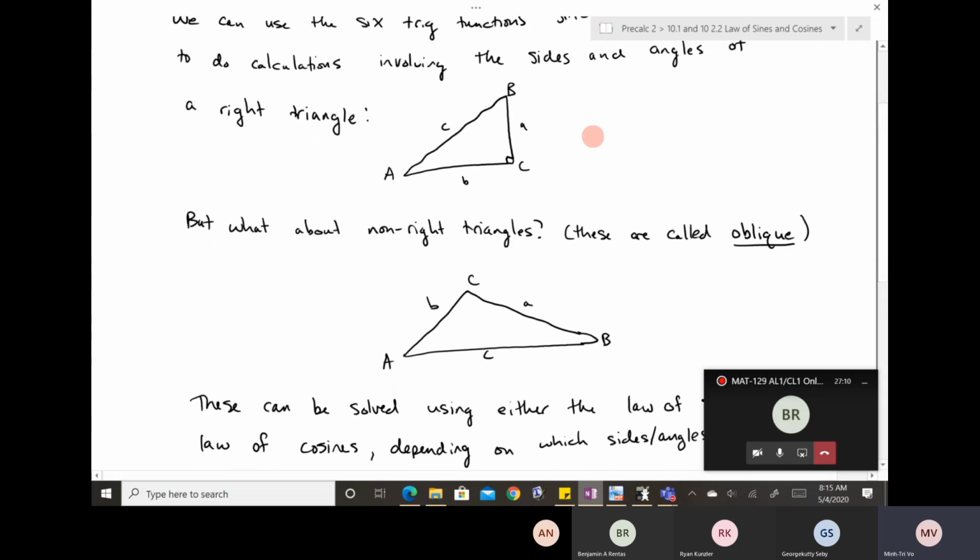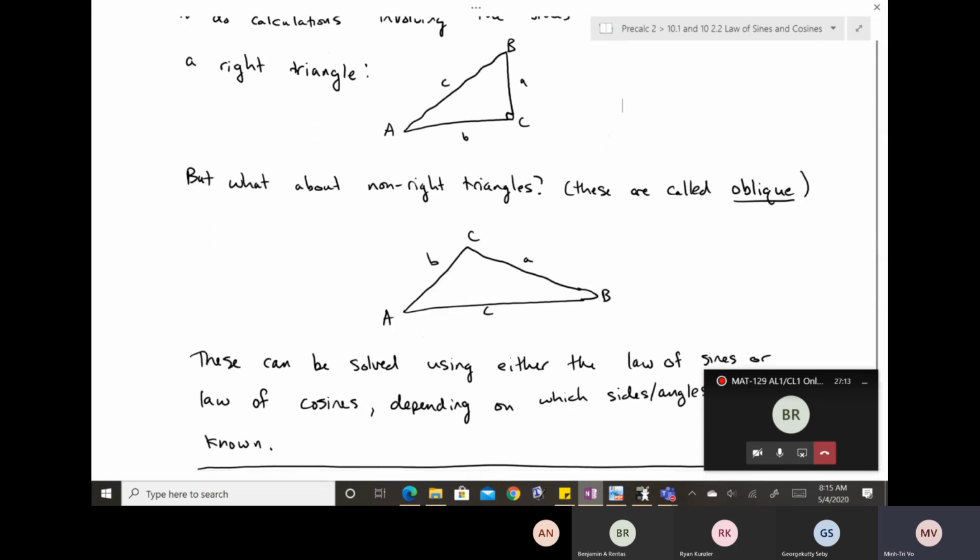But not all triangles are right triangles. So how do we deal with triangles that are no longer right triangles?